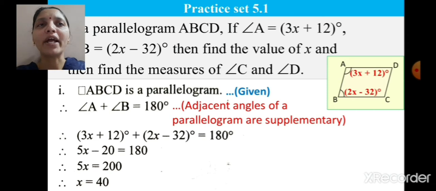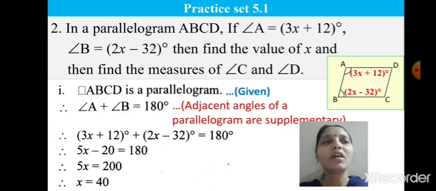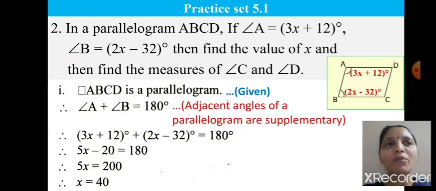Now let's solve practice set 5.1. Now in practice set 5.1, first sum we did in the last session. Now we are going to do the second one. In a parallelogram ABCD, if angle A is equal to 3x plus 12 degree, angle B is equal to 2x minus 32 degree, then find the value of x and then find the measures of angle C and angle D. So now let's start with the first.